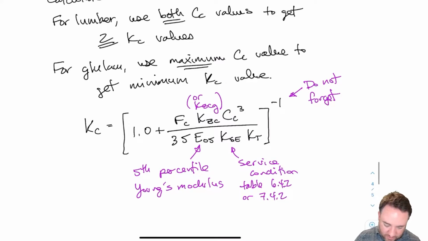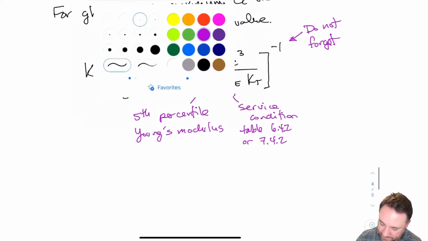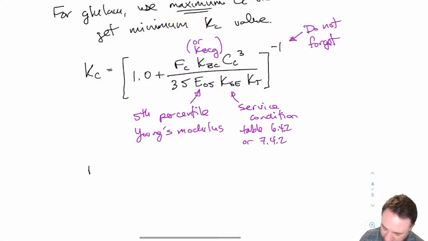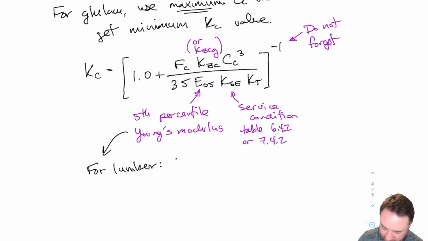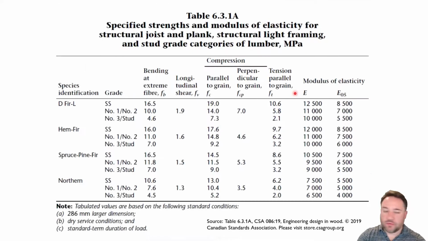Okay, so where do I get my 5th percentile Young's modulus? For lumber, I get it in the tables directly in 6.3.1 A through D. For example, we see here we have modulus of elasticity.